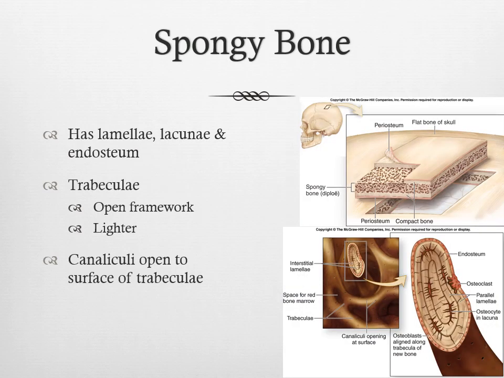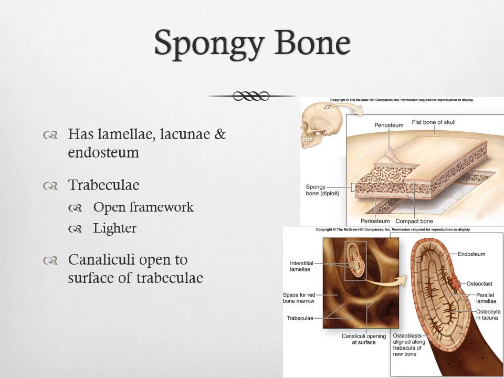Our spongy bone doesn't really look like that of the compact bone in that it has kind of this open weave to it. And so it has this open network on the inside, looking a lot like a sponge. And so we have all of these little individual trabeculae weaving back and forth inside, creating all of the space that's there. The spaces are filled in by red bone marrow on the inside.